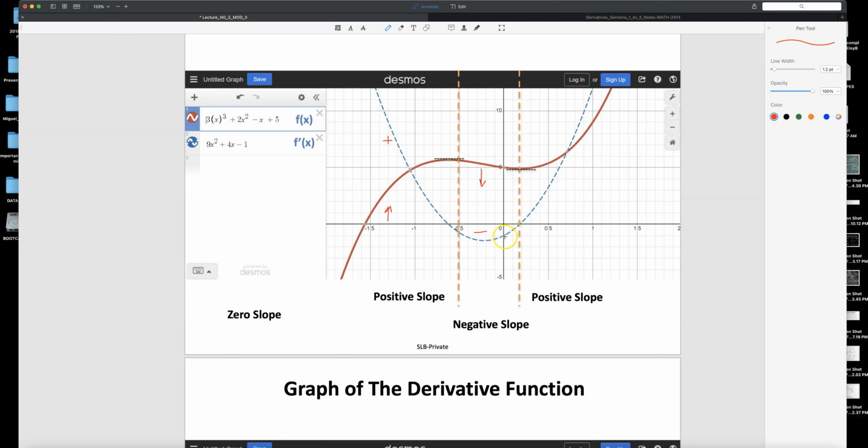Once the function starts to increase here, like we can see, the function is increasing, so the derivative is positive.